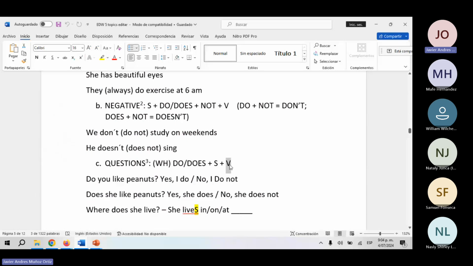Once again, the main verb is not going to change, because that's why we have the auxiliary verb. And when are we going to use do, and when are we going to use does? We're going to use does when the person mentioned in the question is a man, a woman, an animal, or maybe an alien, it, right? And we are going to use do for everybody else.